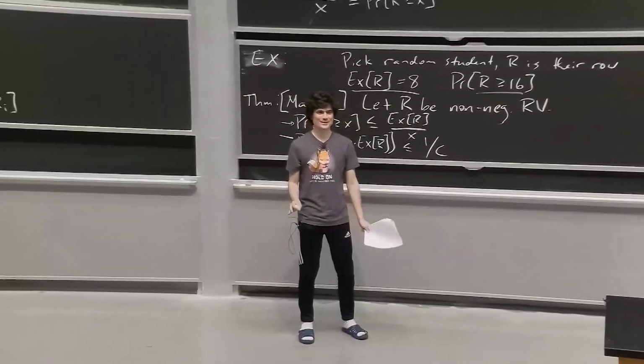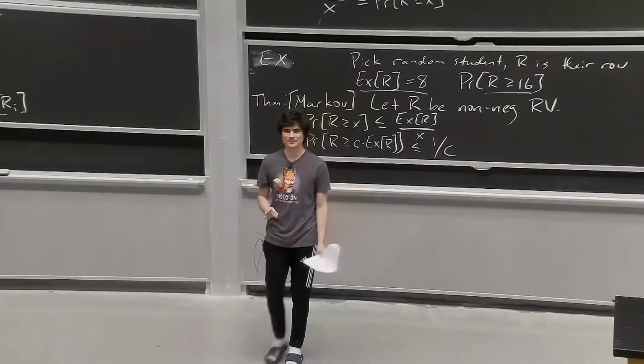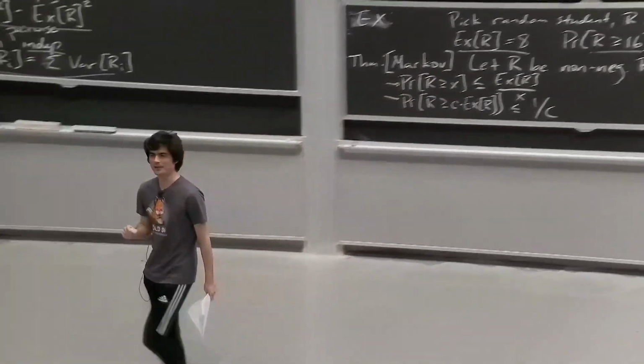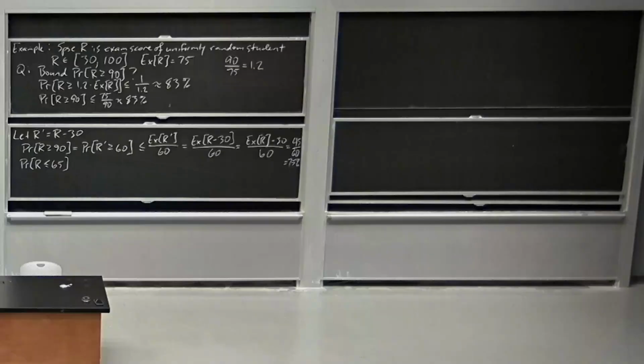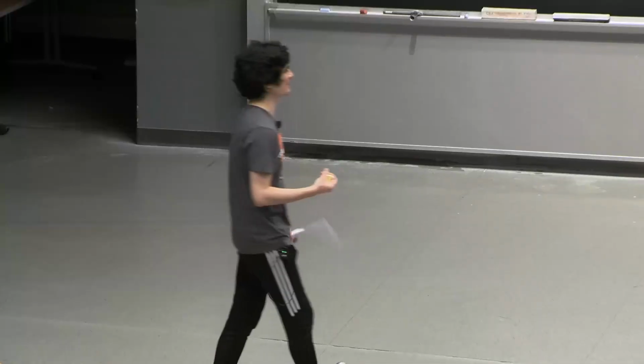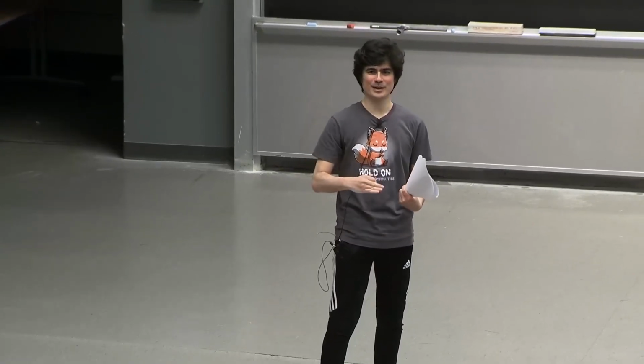Any more questions about this before we move on to the next example? Yes, it is a good thing. So the question is, is it a good thing that the 75% is smaller than the 83%? Yes, we are looking for an upper bound on the probability, right? So a smaller upper bound is a stronger condition. So that's better.